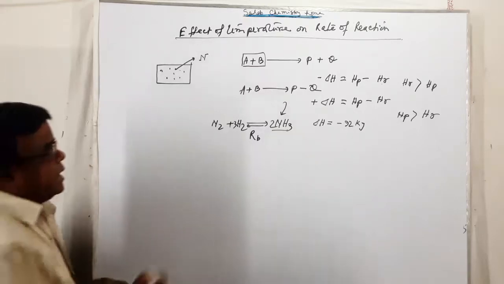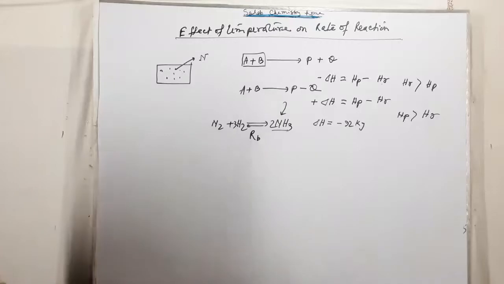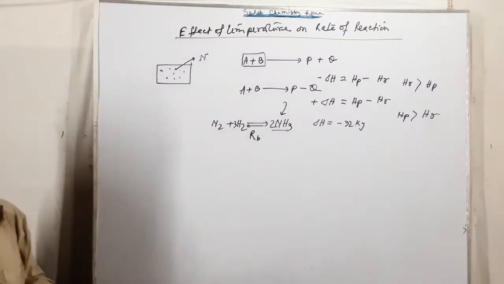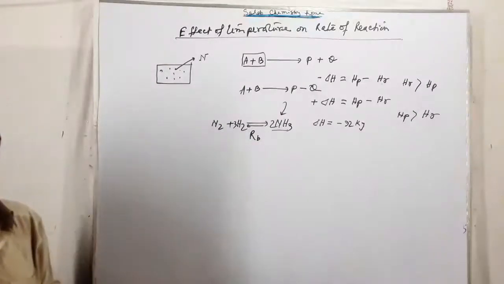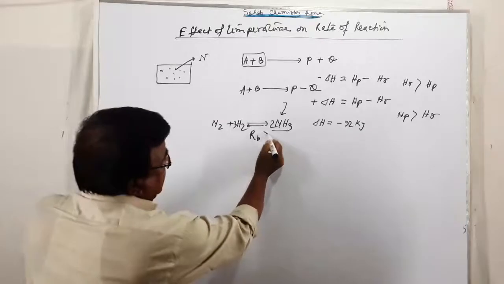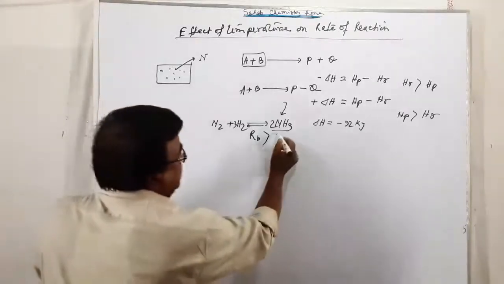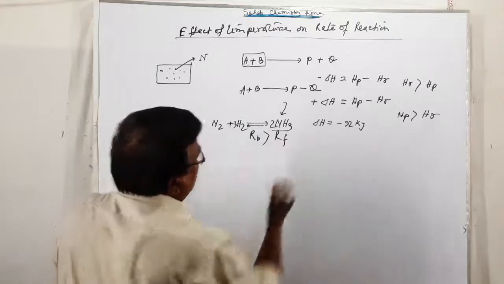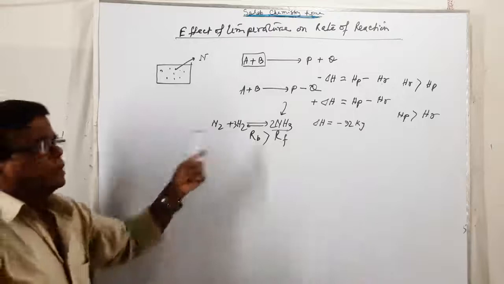That is, the amount of ammonia dissociated and the amount of nitrogen and hydrogen, that is the reactants, will increase. That is, rate of backward reaction is greater than rate of forward reaction in the case of an exothermic reaction.